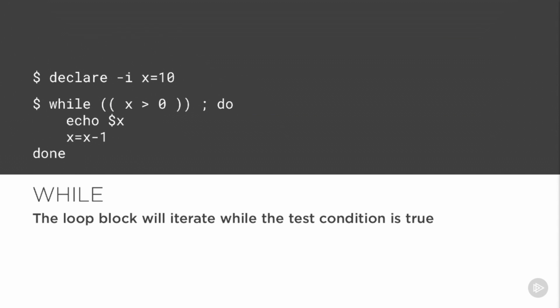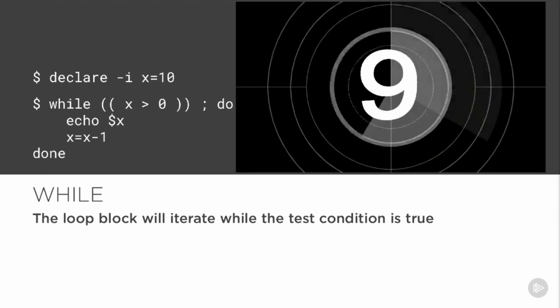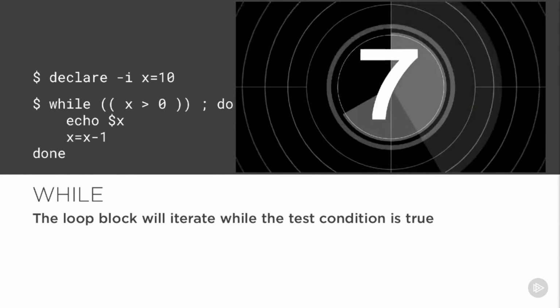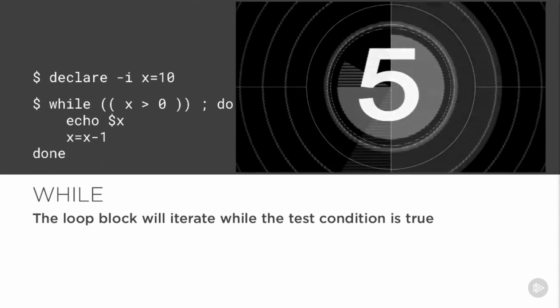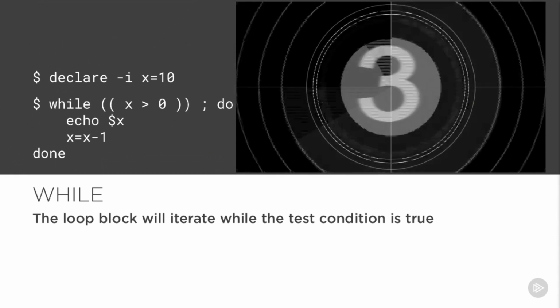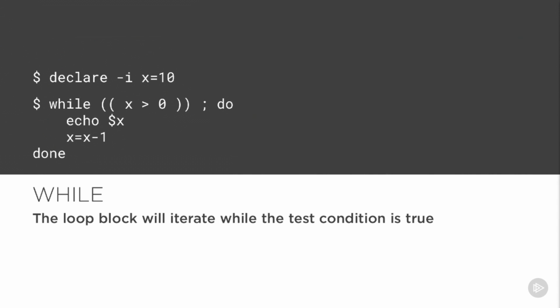Then within our looping structure, we echo out the value of x. Now it's very important to make sure then that we either increment or decrement depending in which way we're moving. Here obviously we're reducing our figure to get to 0, so we're doing an x minus 1. If we don't reassign the value of x, we're going to be looping forever because we haven't provided a mechanism for x ever to change.